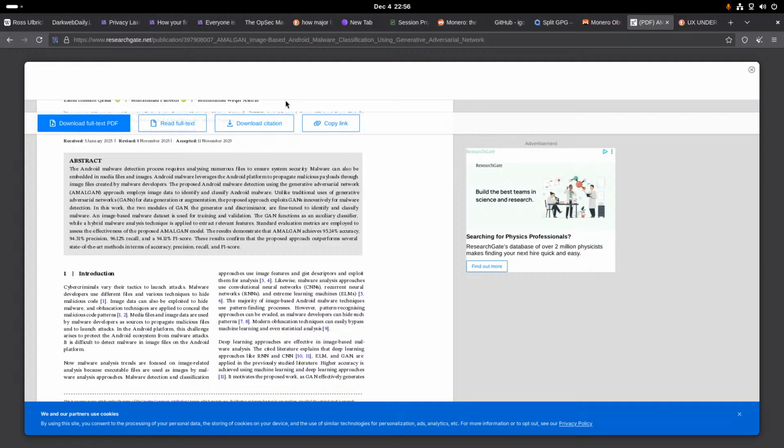An image-based malware dataset is used for training and validation. The GAN functions as an auxiliary classifier, while a hybrid malware analysis technique is applied to extract relevant features. Standard evaluation metrics are employed to assess the effectiveness of the proposed Amalgam model. The result demonstrates that Amalgam achieves 95.24% accuracy, 94.3% precision, 96% recall, and 94% F1 score. The results confirm that the proposed approach outperforms several state-of-the-art methods in terms of accuracy, precision, recall, and F1 score.